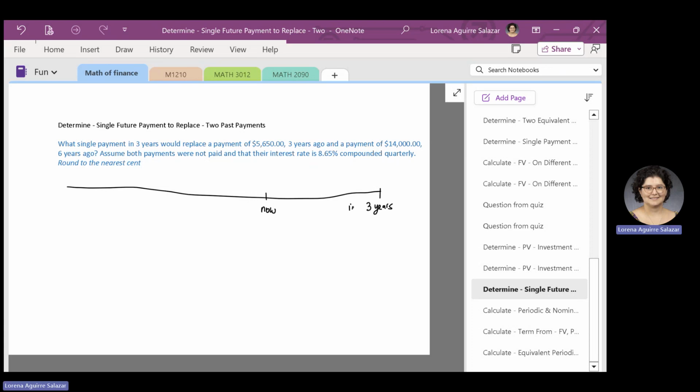And the first payment was $5650 that was supposed to be paid 3 years ago. So 3 years ago, here we have it. And here we have what happened 6 years ago.